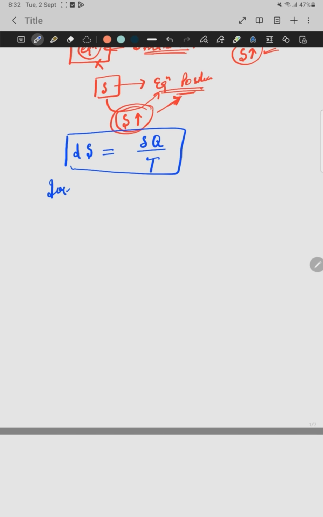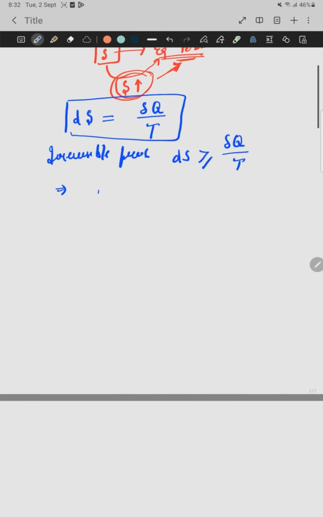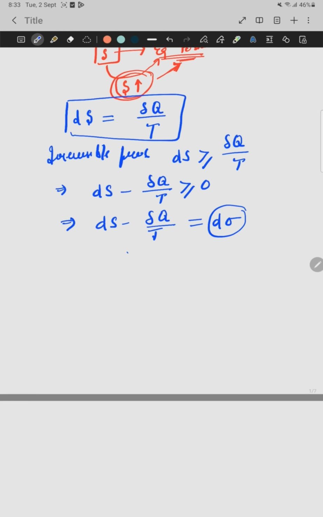And for an irreversible process, dS is always greater than or equal to đQ/T. So this can be written as dS - đQ/T ≥ 0. Rearranged, this is equal to dτ.